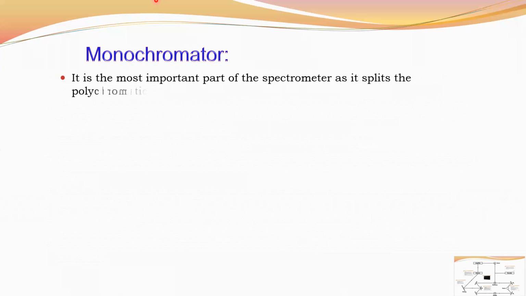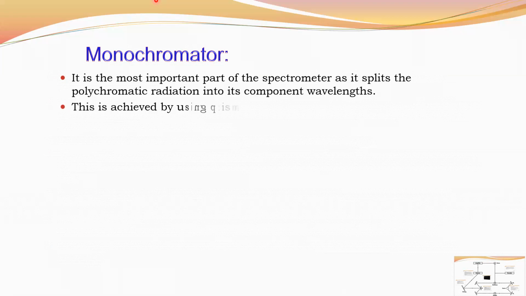Then we discuss the monochromator. It is the most important part of the spectrometer as it splits the polychromatic radiation into its component wavelengths. This is achieved by using a prism or grating or both.